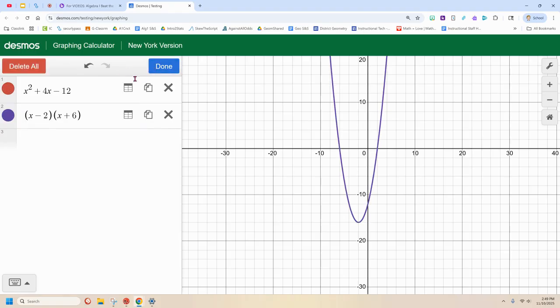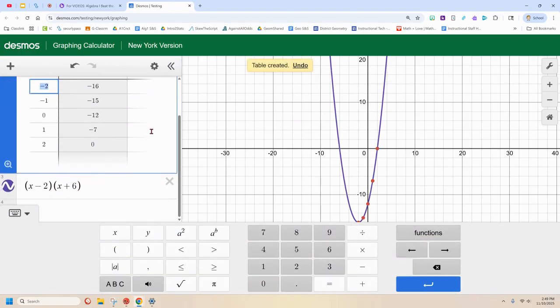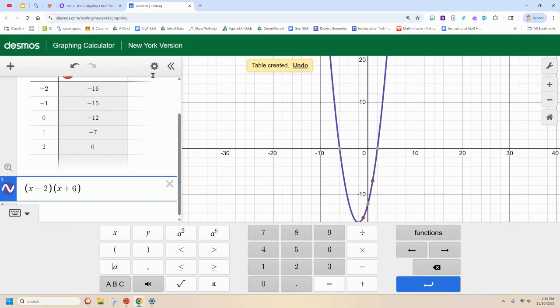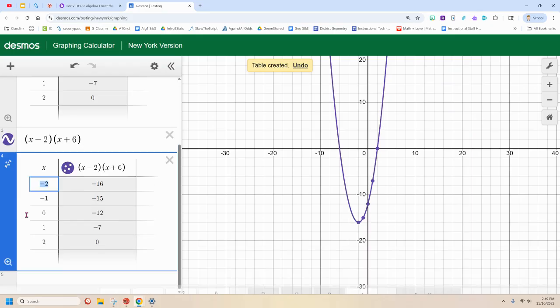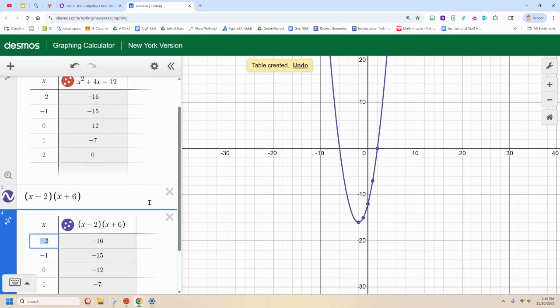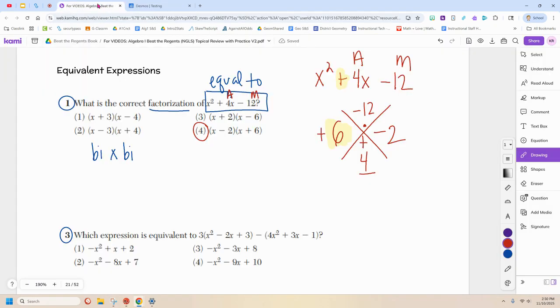If I go here, there's one table. There's the other table. Let me just get this down out of here. And you can see they make the same exact table. So same expressions, equivalent expressions, same table, same graph. So back in our book, the correct answer to number 1 is choice 4.